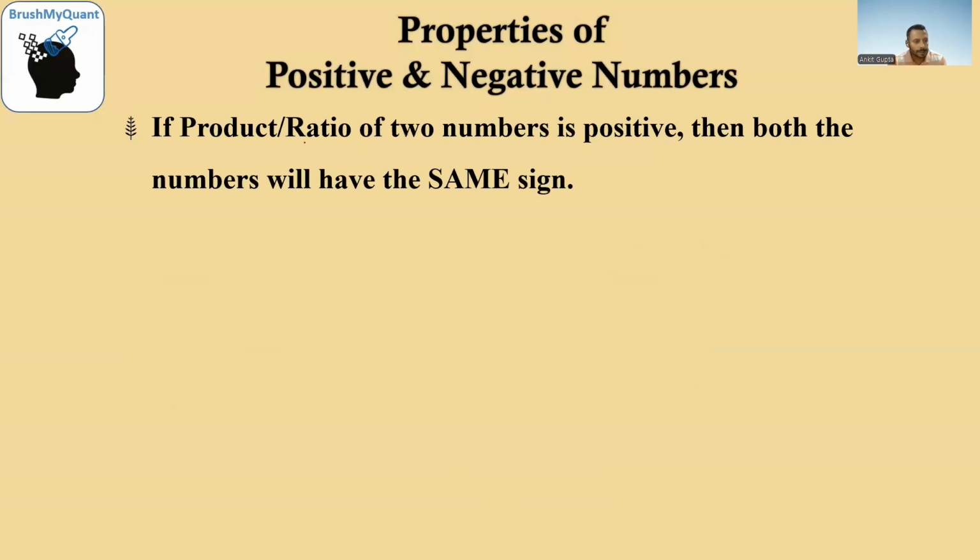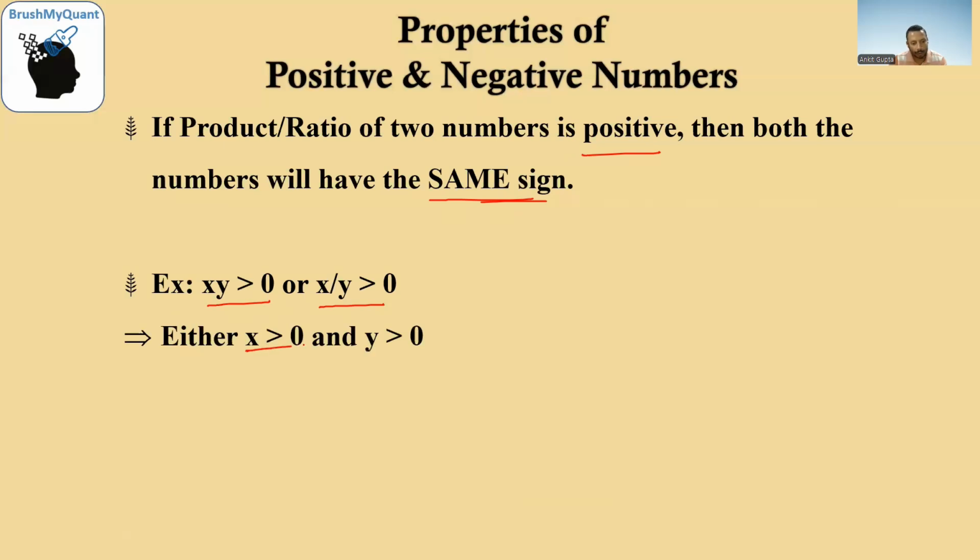Let's look at more properties. If the product or ratio of two numbers is positive, then both the numbers will have the same sign. Let's take an example. If x multiplied by y is greater than 0 or x divided by y is greater than 0, that means both x and y have the same sign.